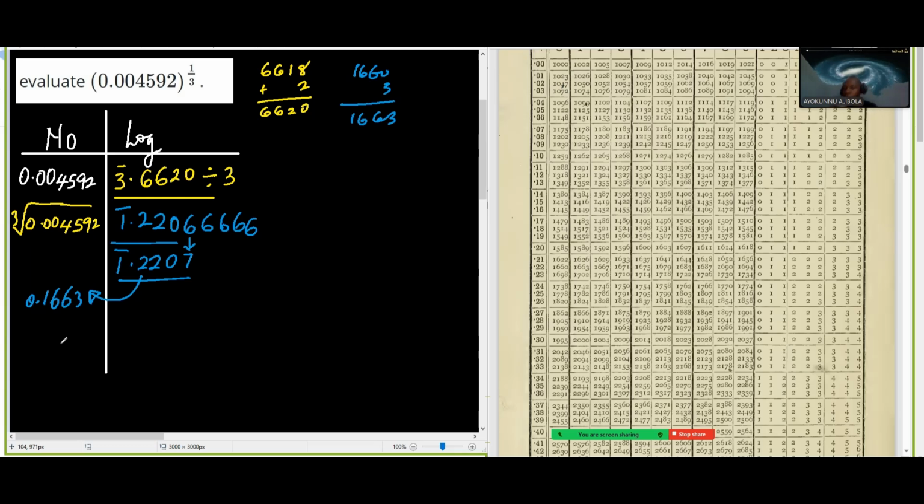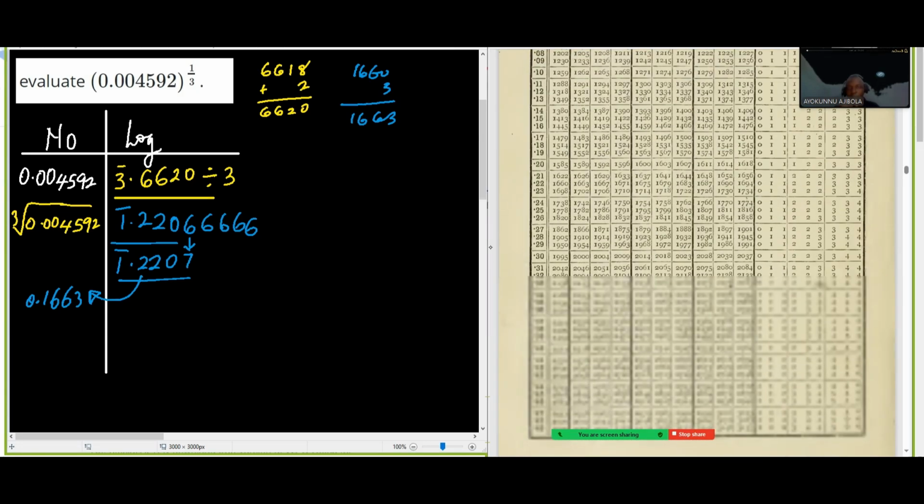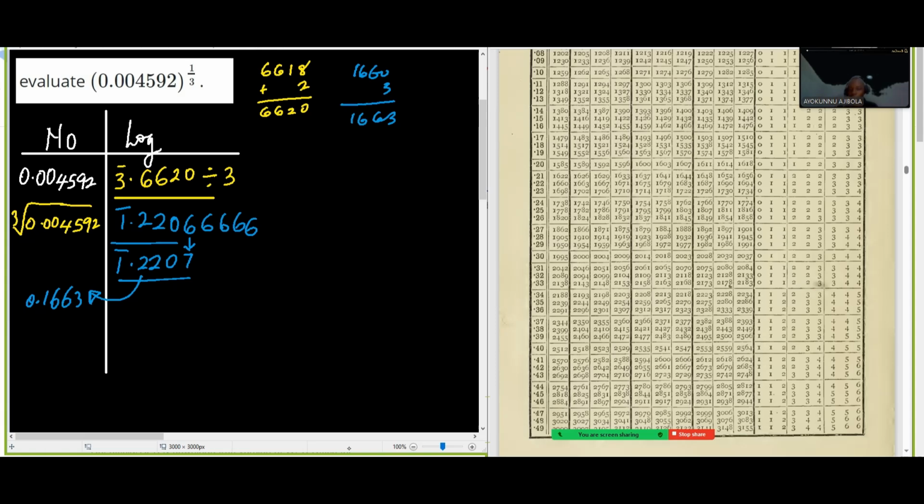But wait, I'm trying to see something. Check it again, 22 under 0, 1660 difference. It's not stated whether to add or subtract the difference. I'm trying to check on something first.